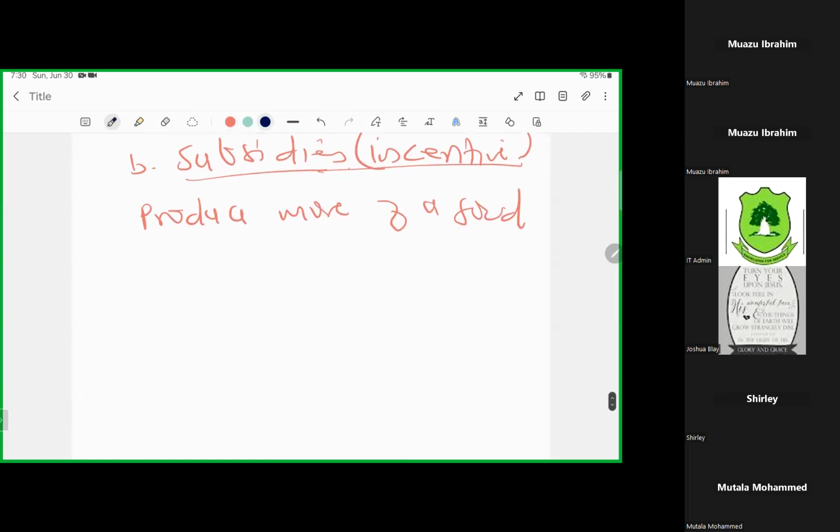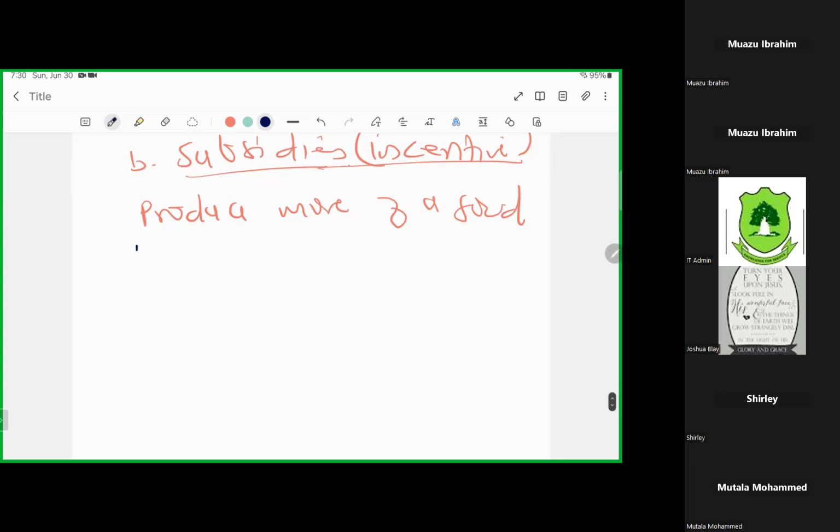So in this particular case, we are talking about subsidies. If government provides subsidies to, say, farmers, this particular subsidy will affect supply through its effect on the cost of production.